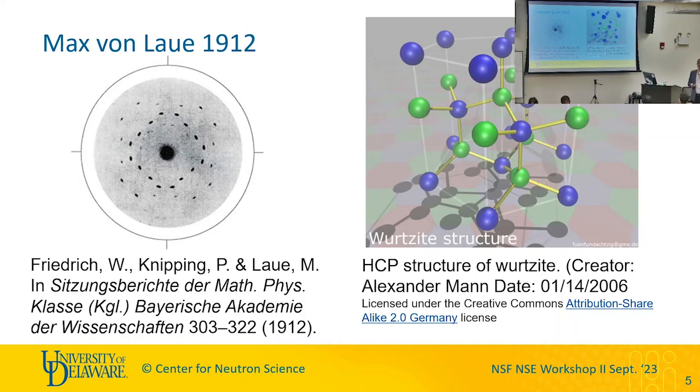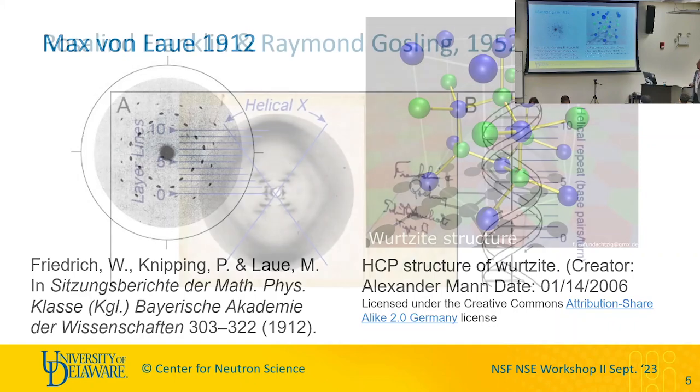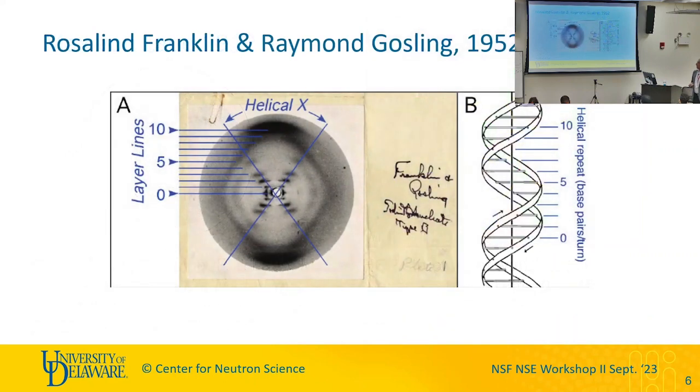It's a workhorse technique, neutron and X-ray scattering crystallography. DNA, right? Maybe the most consequential X-ray pattern ever taken, perhaps, right? After Bragg. Rosalind Franklin, right, and Gosling, and this beautiful work here, and here's the original, right, the alpha helix.